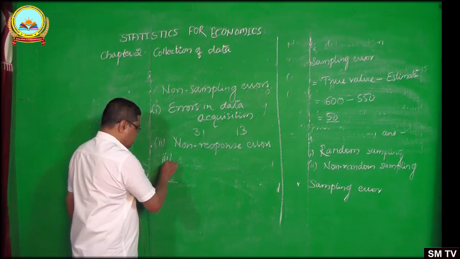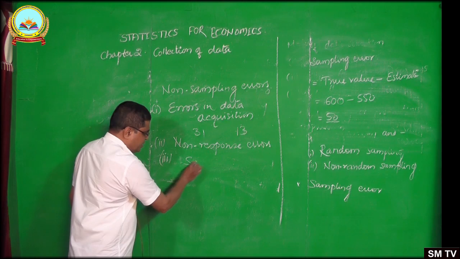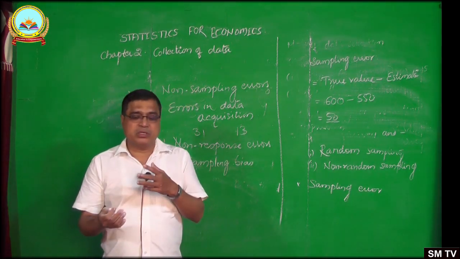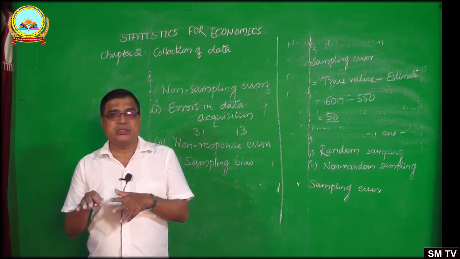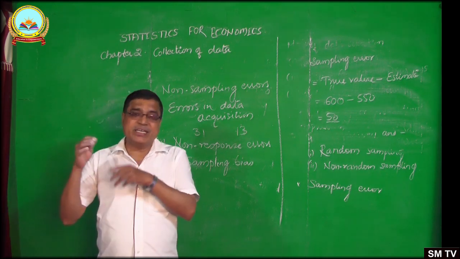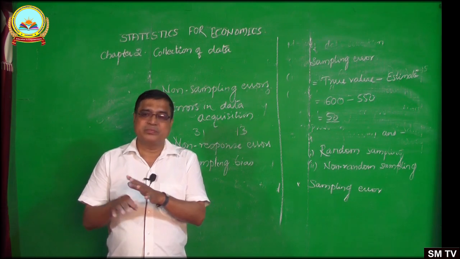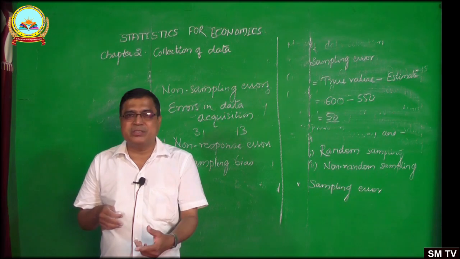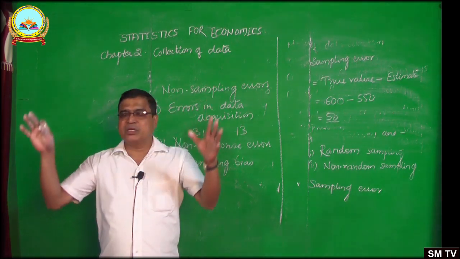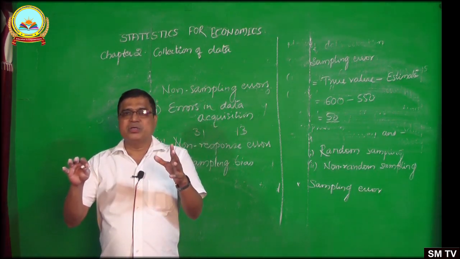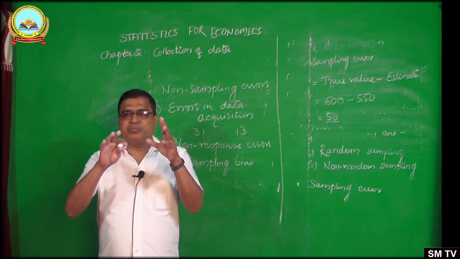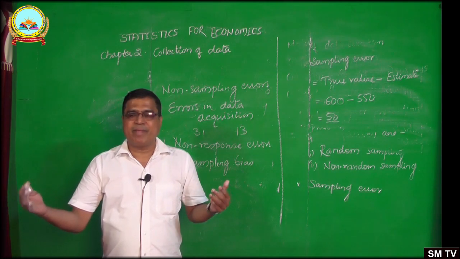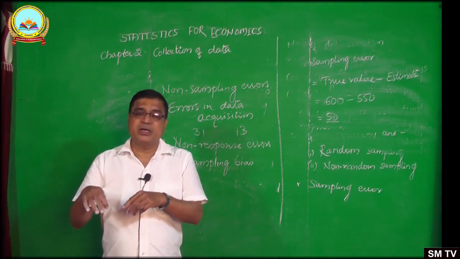And the third one is sampling bias. So what is sampling bias? It is not the sampling error. While taking the sample itself, the bias can occur, or the error can be committed. That means, in a particular area, some particular units have to be taken in the sample, but he has not taken them properly.